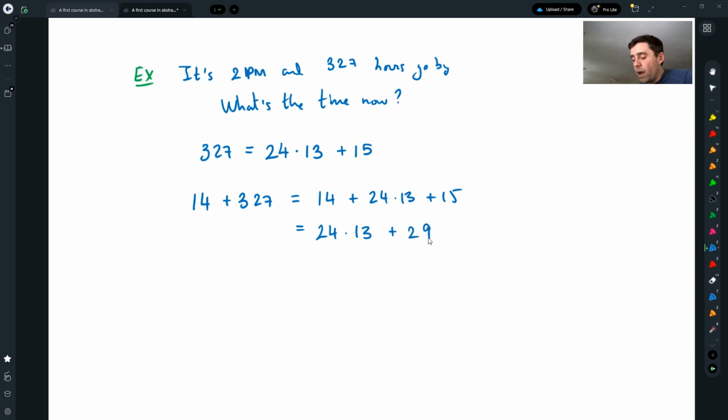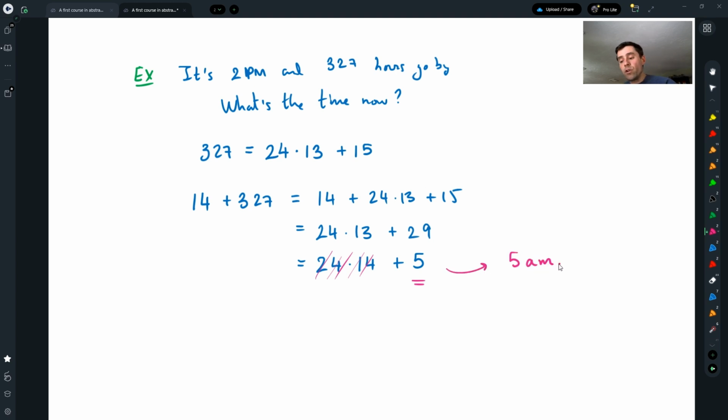But that gives me one more multiple of 24, so that is 24 times 14 plus 5. Then it turns out that I can disregard the entire days, and the time is just 5, which indicates in the 24-hour clock that it is 5 a.m.